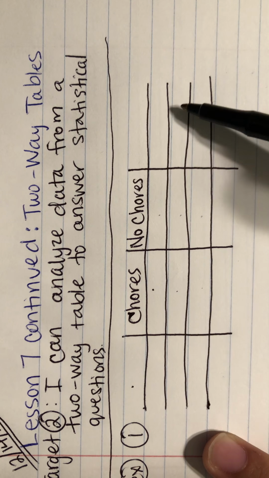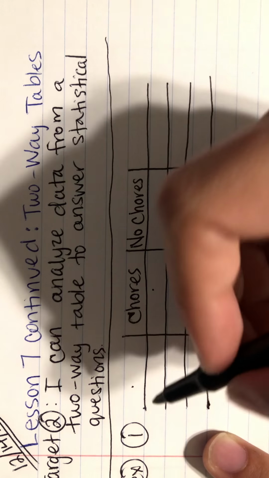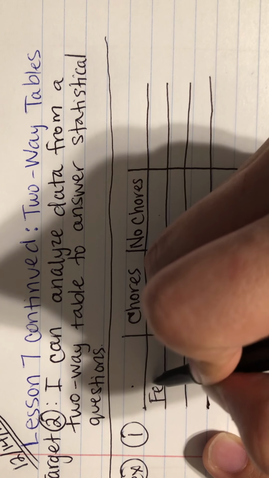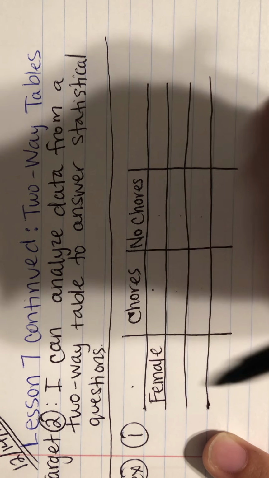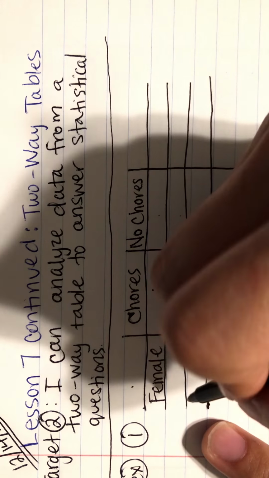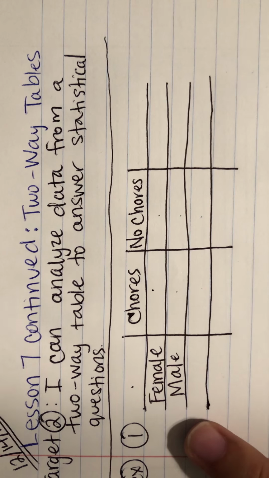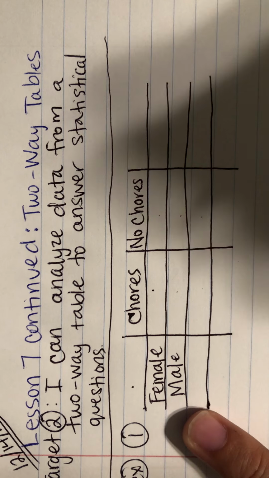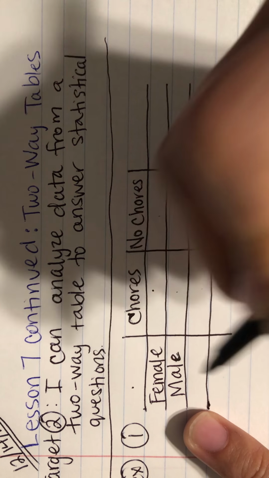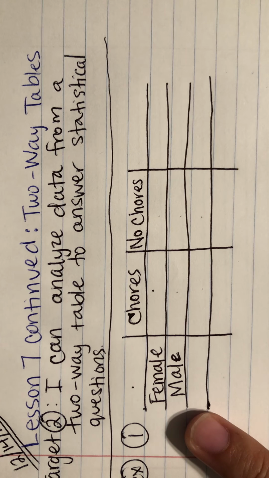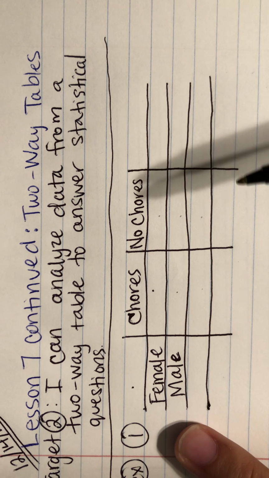Going in this direction, we're going to have people that are female and the people that are male. For those of you that don't know, female are girls, males are boys. So that's all that we have right now.